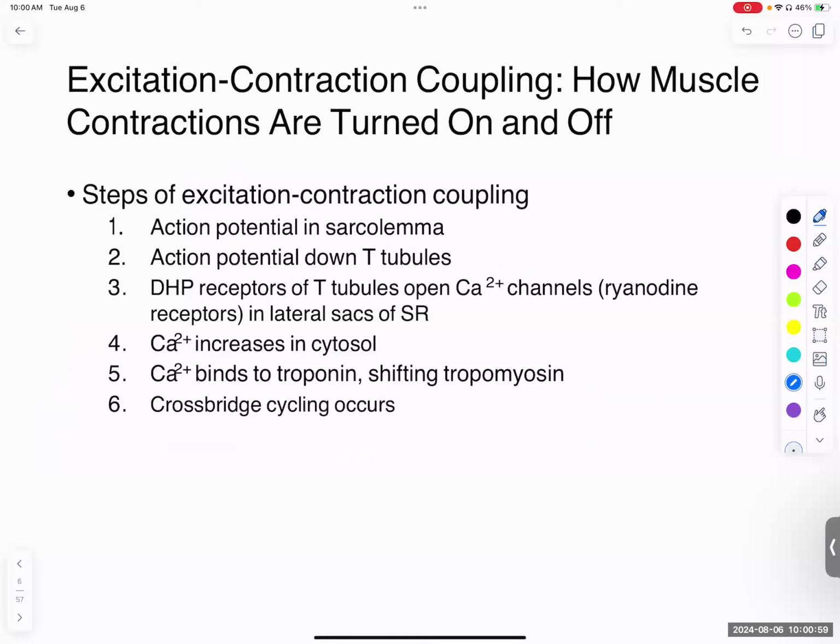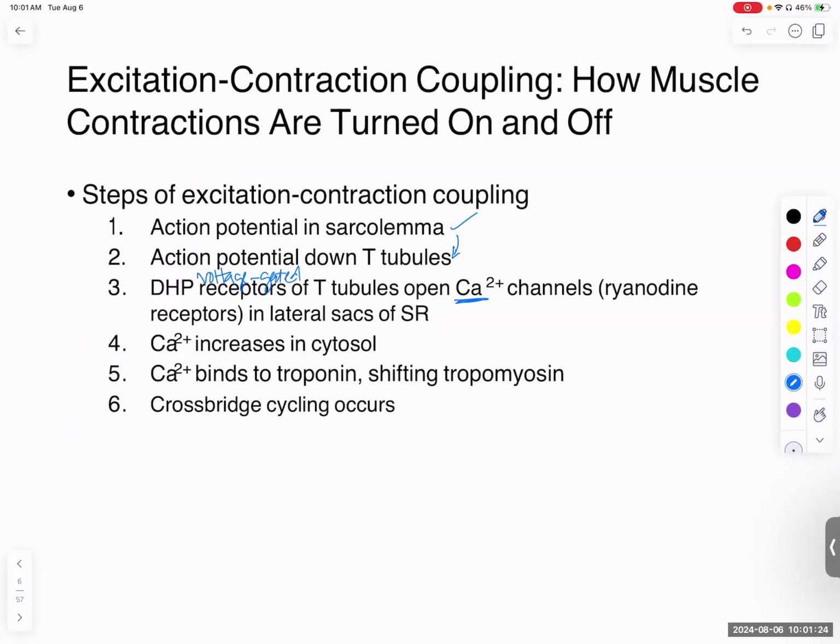Steps of excitation-contraction coupling. Well, an action potential needs to be generated in the sarcolemma. Then that action potential will travel down the transverse or T-tubules. The DHP receptors of the T-tubules will open. These are really voltage gated.